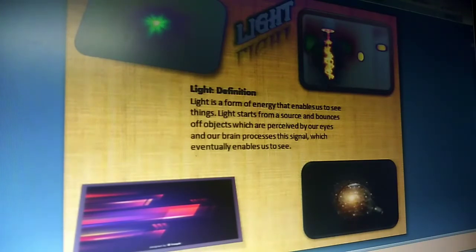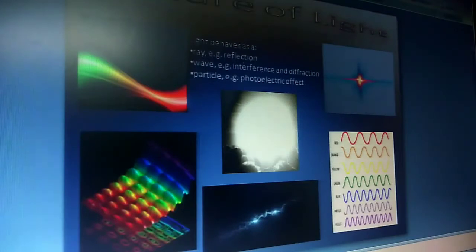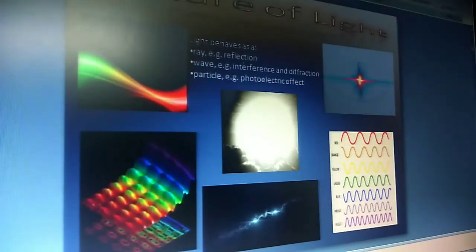so that we are able to see the things surrounding us clearly. Now coming to the nature of light, as we discussed, light has a dual nature. That is, light behaves as a wave. For example, reflection, refraction, interference, diffraction, dispersion and scattering all come under the wave behavior of light.